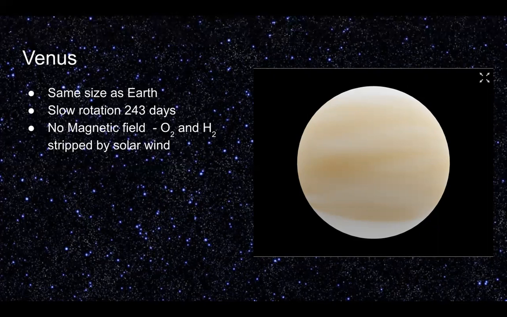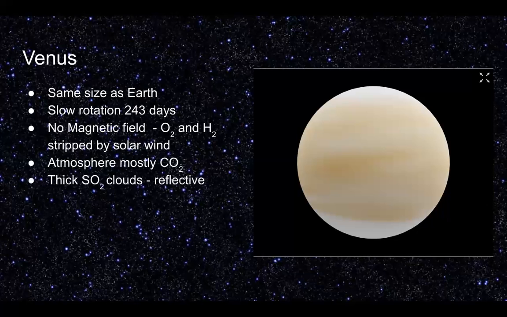The effect of that is that charged particles from the Sun typically strip away oxygen and hydrogen from the upper reaches of the Venusian atmosphere. So that leaves an atmosphere that's mostly carbon dioxide with thick sulfur dioxide clouds, which are very reflective, which is why Venus is so bright in the evening sky.